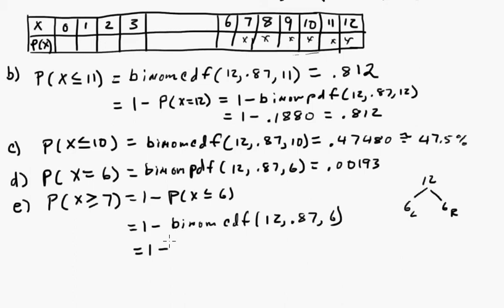I put in a 12, comma 0.87, comma 6, and I get 0.002263998.